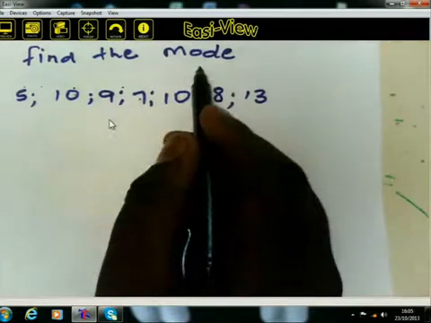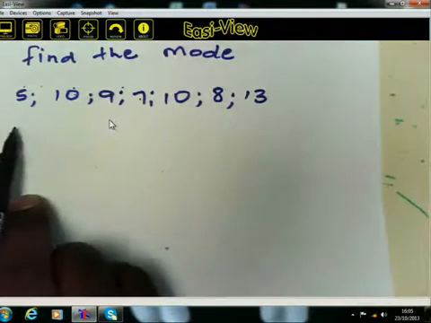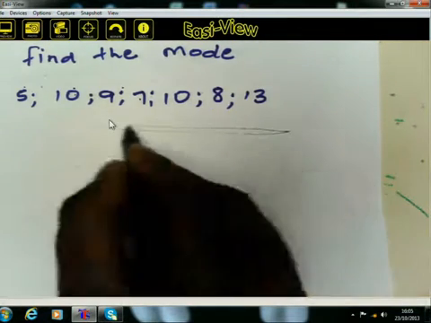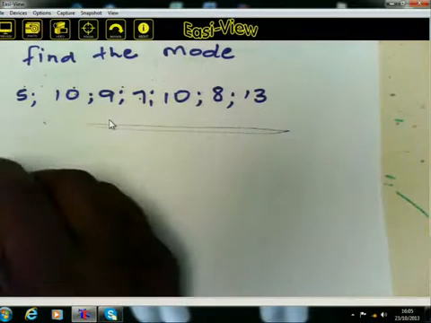Remember, when we were looking for the mode, we were given this data. Now for the same data, we are looking for the range.